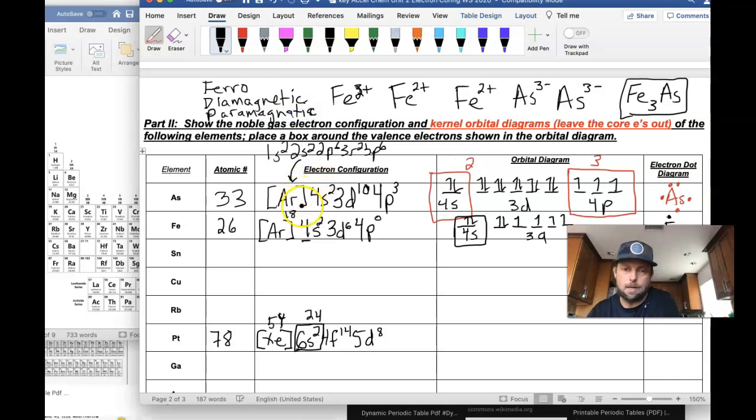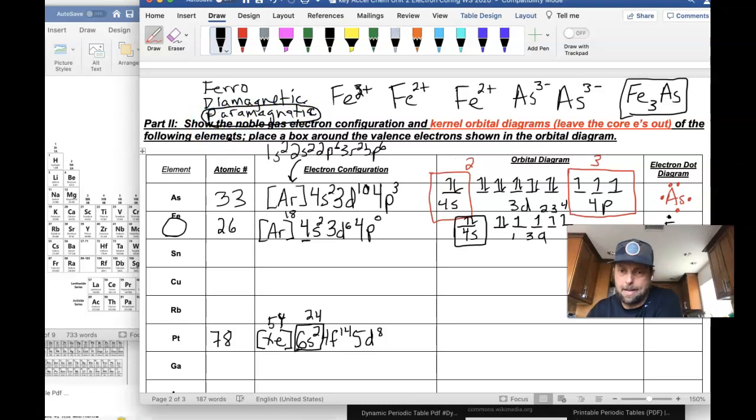So a question you might be asked is, are there unpaired electrons? And if we look at the example of iron, there are clearly some unpaired electrons. In fact, there are 1, 2, 3, 4 unpaired electrons.